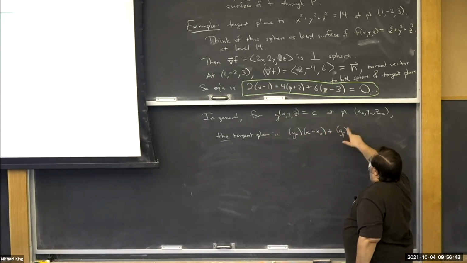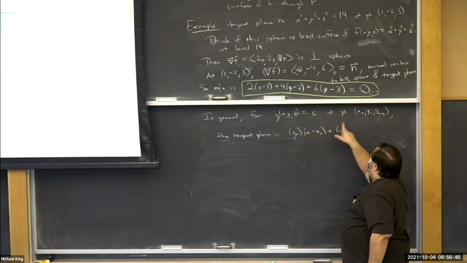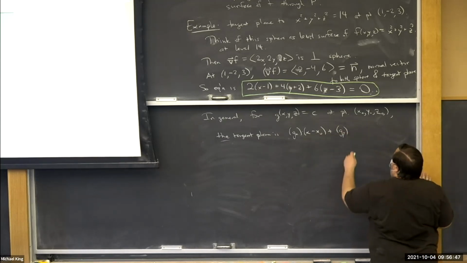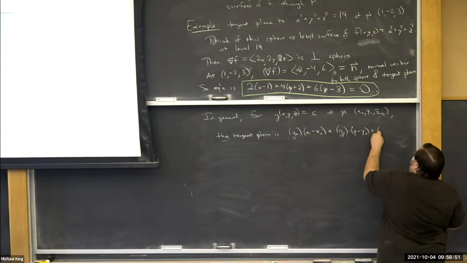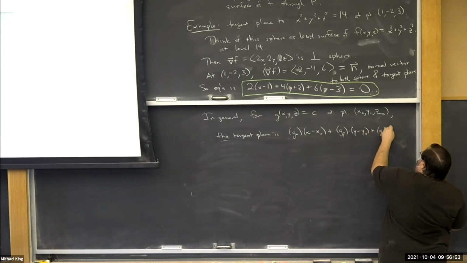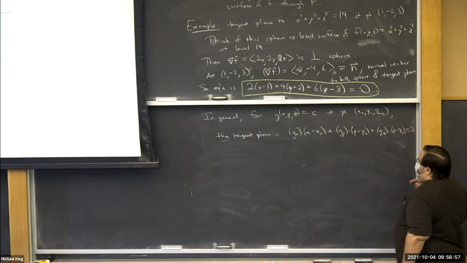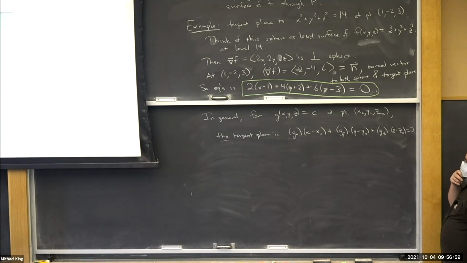I just don't want to write g sub x of x naught, y naught, z naught. It just gets kind of busy. Plus partial z times z minus z naught equals 0. So that's the tangent plane equation.